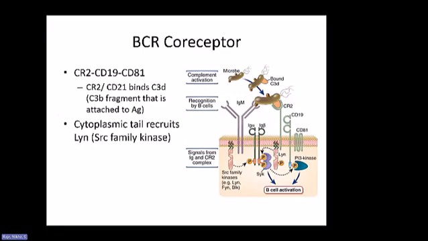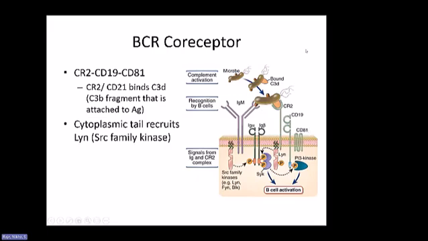Similarly, for BCR, the co-receptor is this whole complex CR2. CR2 is complement receptor 2, also has a CD marker, CD21, so CD21, CD19, and CD81. All three of them together are the co-receptor.